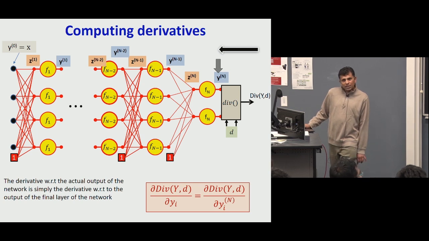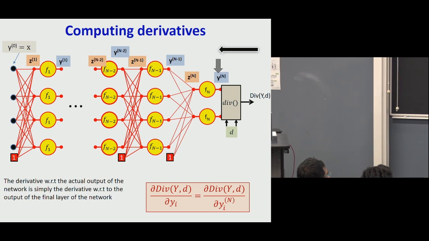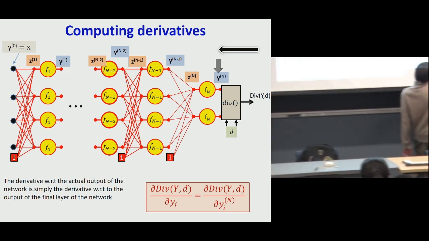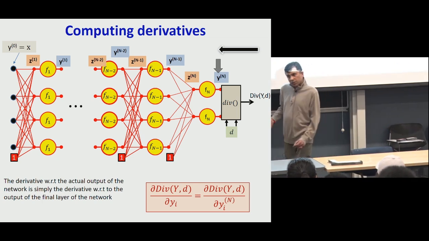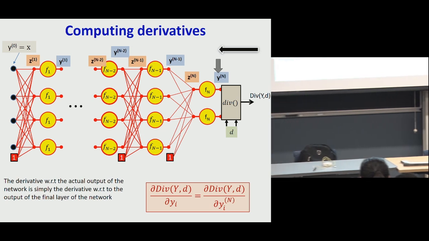Anyway, so as a first step, you would compute the derivative of the divergence with respect to the output of the final layer, which is simply the derivative of the divergence with respect to each of the components of the output, right?